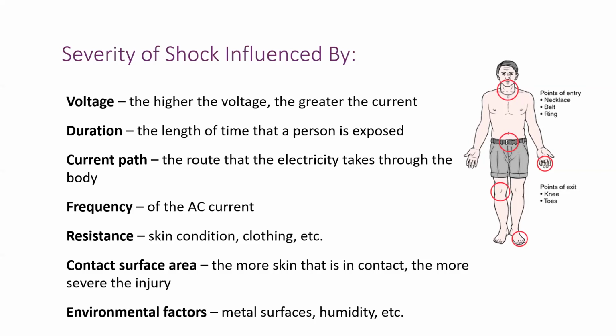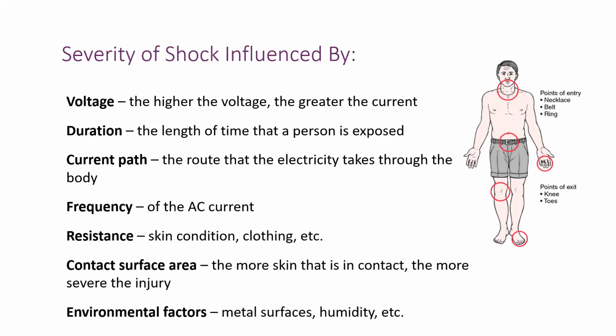Duration: the more time we are exposed, the more electrons will enter our body. So exposure to electrical appliances or electricity is very dangerous. Whenever we have exposure, we try to break the contact between the human body and the electricity as soon as possible. Current path: the route that electricity is going to take through the body.